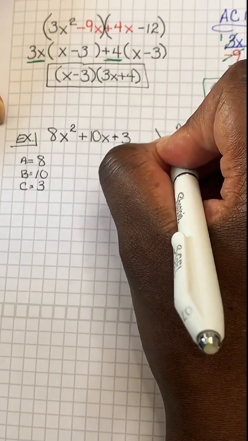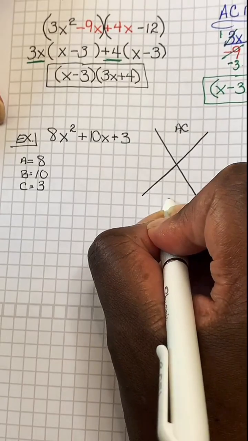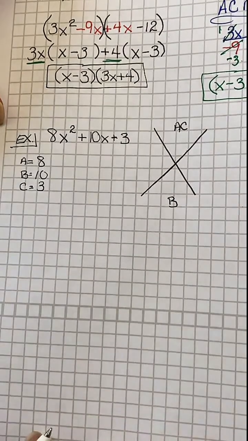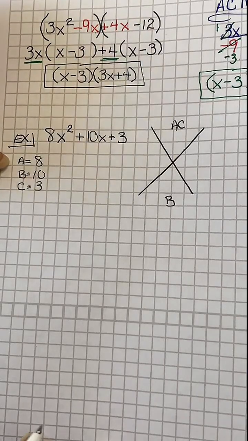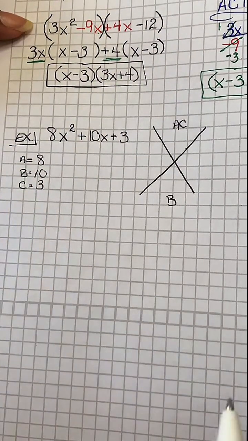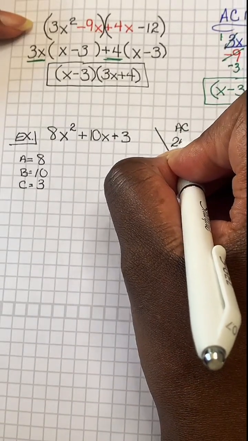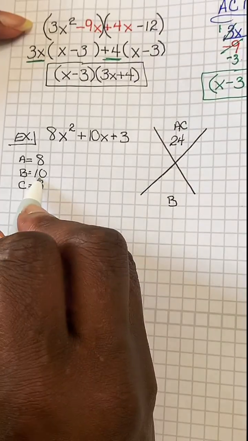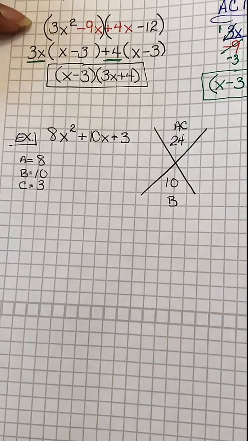You multiply your A and your C, that goes in the top, and then our B goes in the bottom. AC gives us 24, and rewriting our B, which is 10.